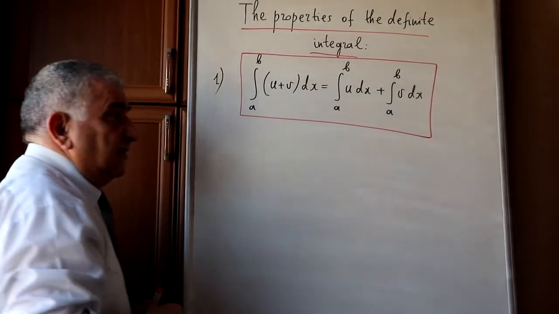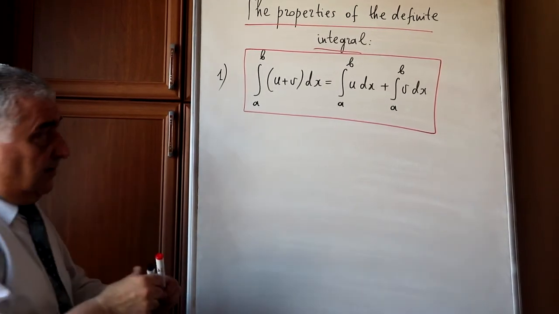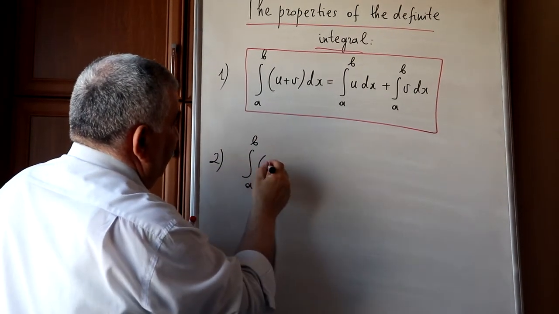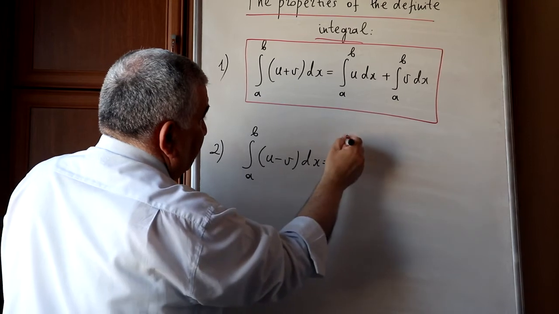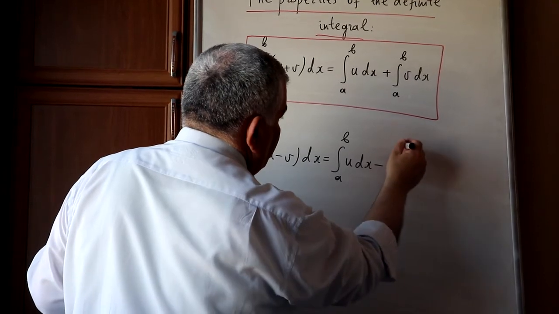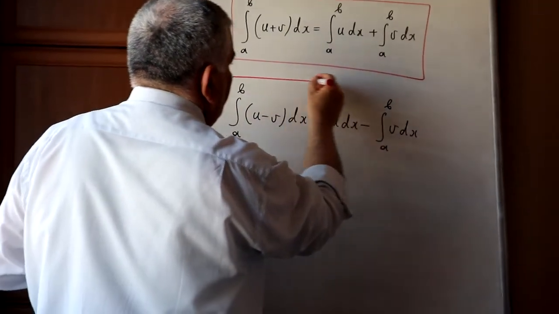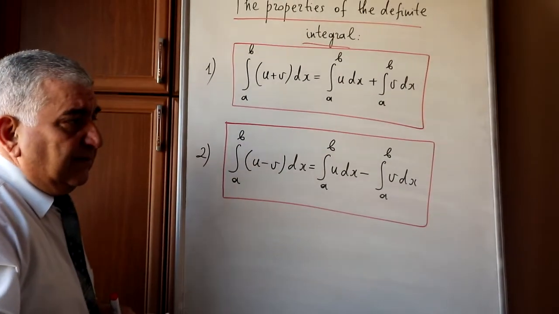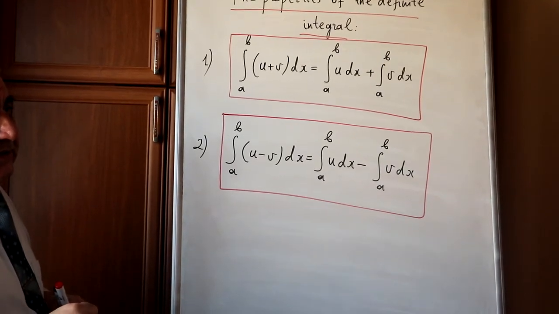Second, the definite integral of the difference is the difference of the definite integrals. Integral from a to b of u minus v dx is equal to the integral from a to b of u dx minus integral from a to b of v dx. Then, next point, the constant factor can be taken out of the definite integral sign.